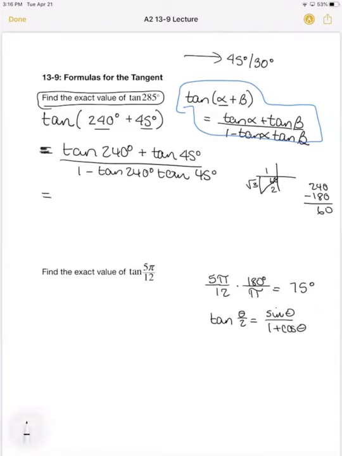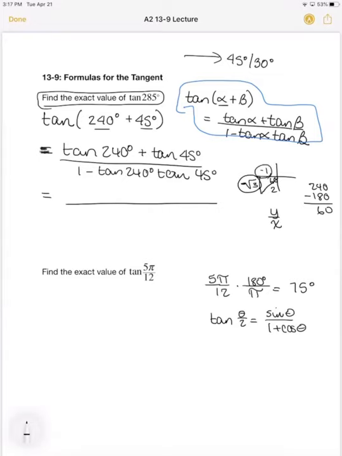But remember in the 3rd quadrant, X and Y are negative. There's my negative right there. Okay. Now, so let's go ahead and write this in. The tangent of 240 degrees, well, remember, tangent is my Y over my X. And my Y is negative root 3, and my X is negative 1.